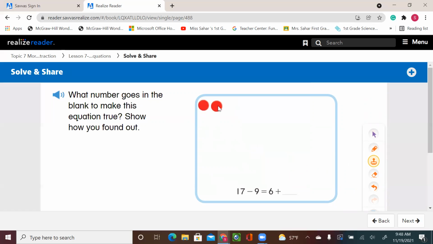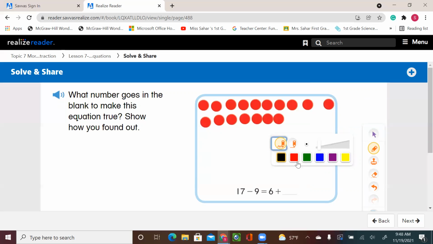So we have 1, 2, 3, 4, 5, 6, 7, 8, 9, 10, 11, 12, 13, 14, 15, 16, 17. All right, minus 9. So I'm going to take away 9. 1, 2, 3, 4, 5, 6, 7, 8, 9.